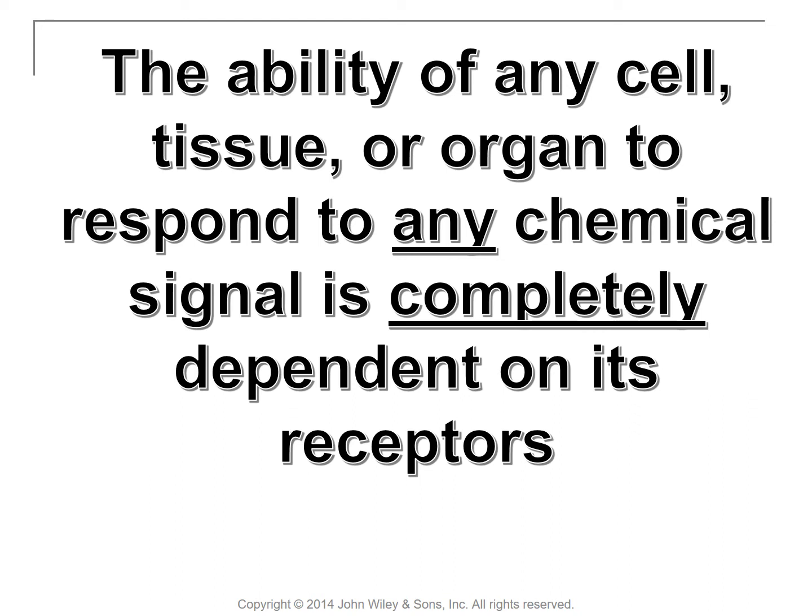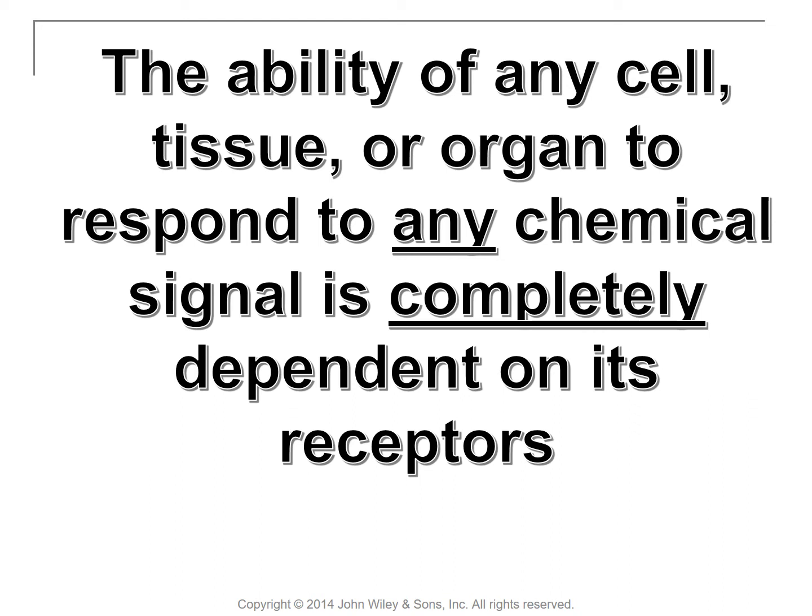So with that beta blocker occupying the receptors of that heart tissue, it actually meant that the heart tissue no longer had the ability to respond to adrenaline. So if you stop an organ's ability to respond to a signal, you can do that by blocking receptors.